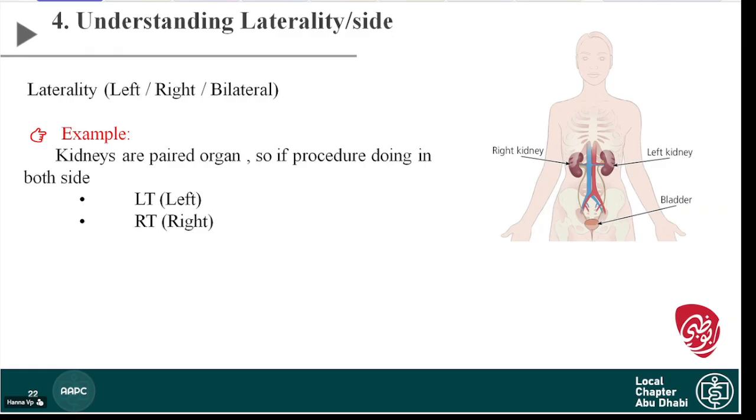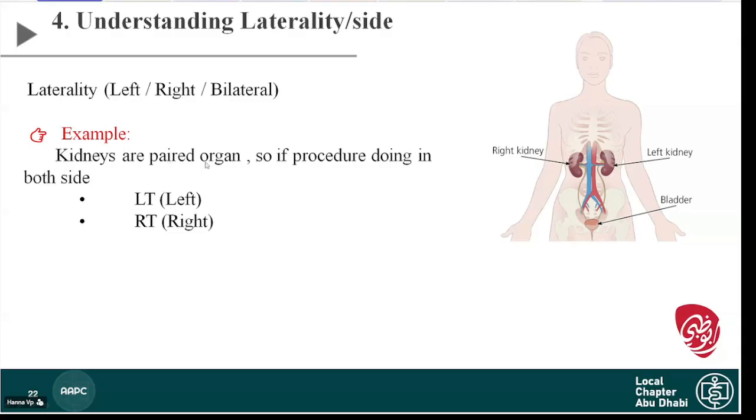So, guys, before taking the code, we should confirm which side of the body the surgeon is doing the procedure on. You can see that laterality: left side or right side, or maybe bilateral. Bilateral means two sides. Can you see there is an example showing here?